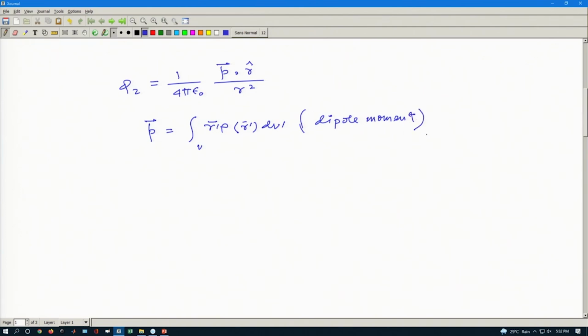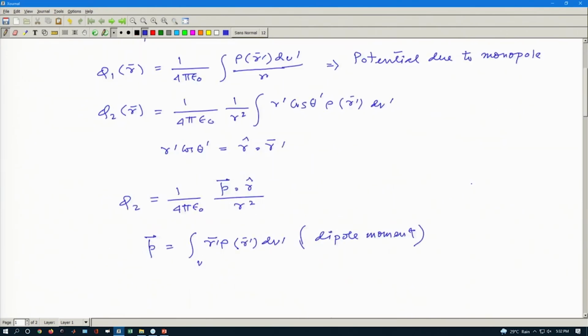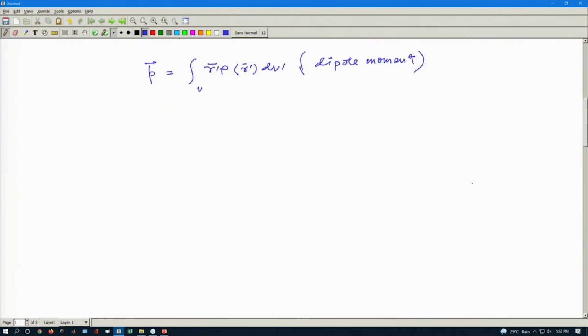So, today we are going to elaborate the concept of the dipole by using a few important examples.